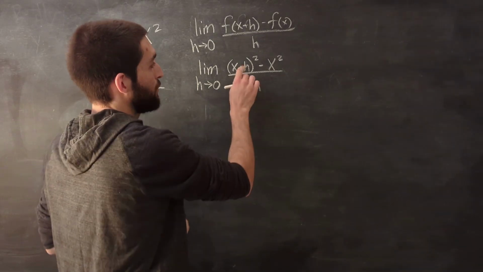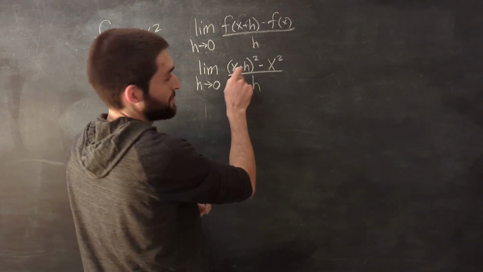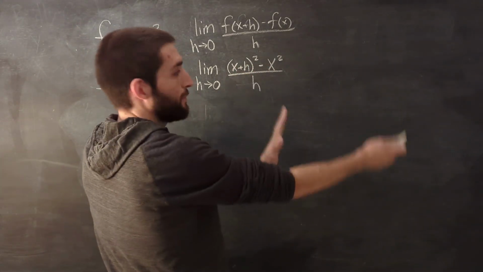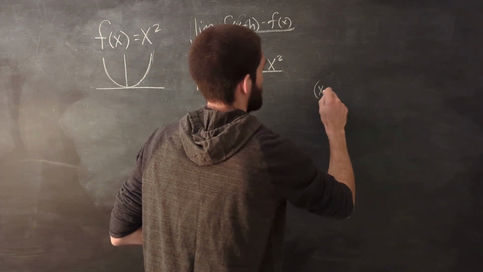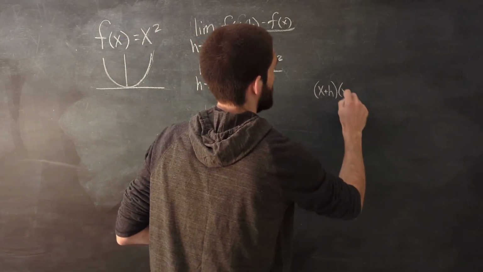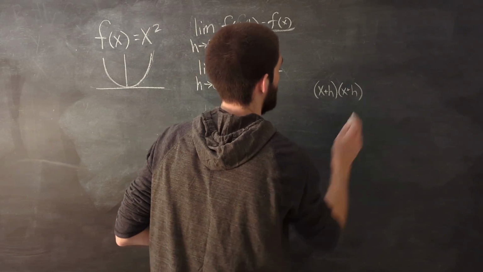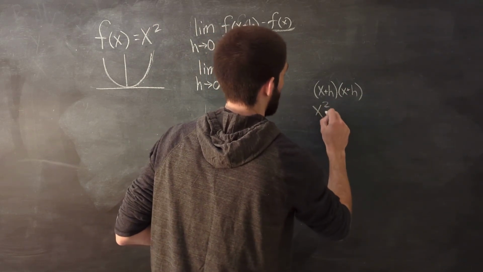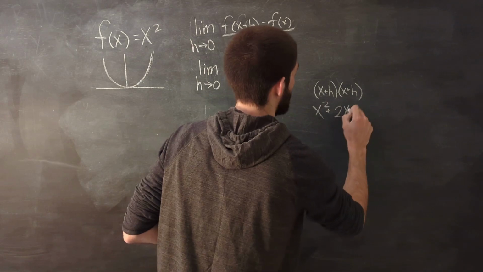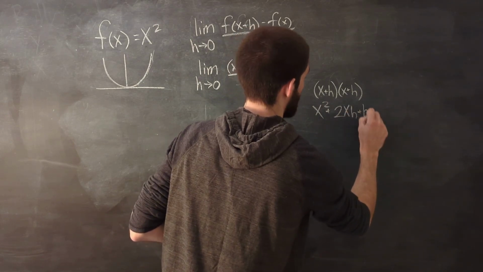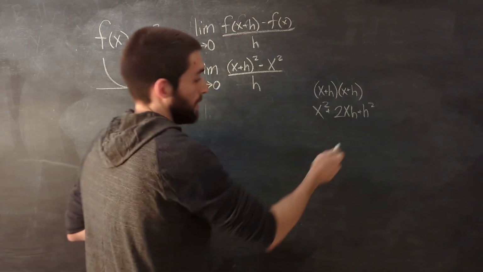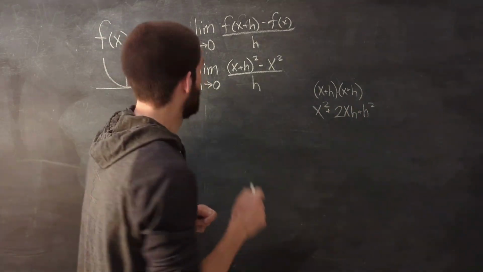If we FOIL this out to the side, x plus h times x plus h, that will give us x squared plus 2xh plus h squared. And we can just put that right back into our formula.